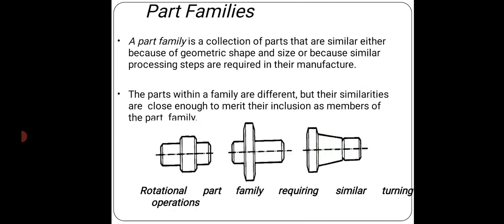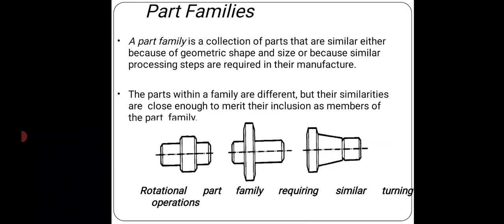Then part families. A part family is a collection of parts that are similar either because of geometric shape and size or because similar processing steps are required in their manufacture. The parts within a family are different, but their similarities are close enough to merit their inclusion as members of the part family.